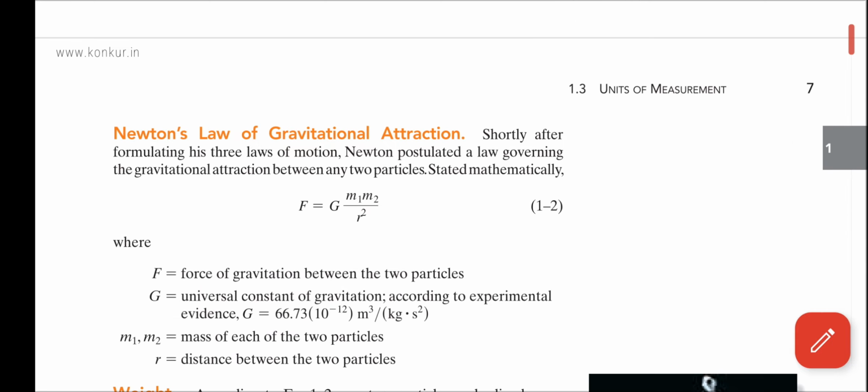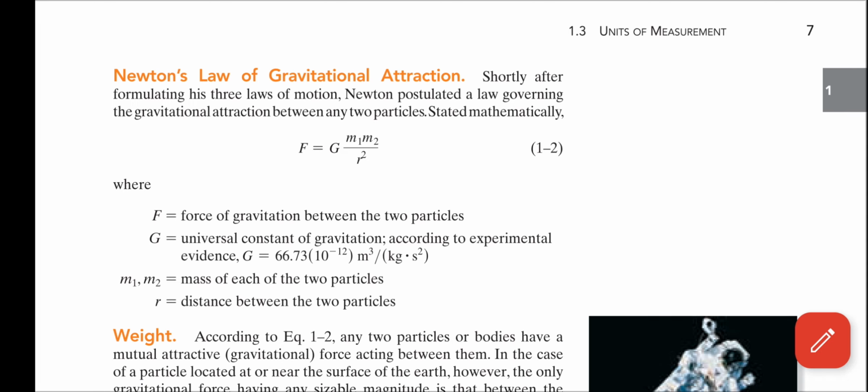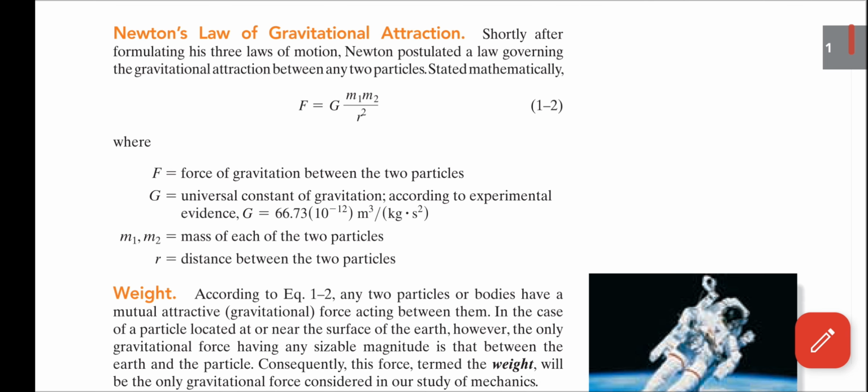Newton's law of gravitational attraction. The force of gravitation between two particles, where G equals 66.73 multiplied by 10 to the power of minus 12, is the universal constant.